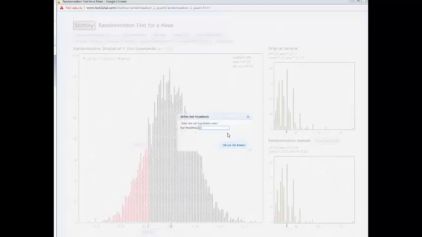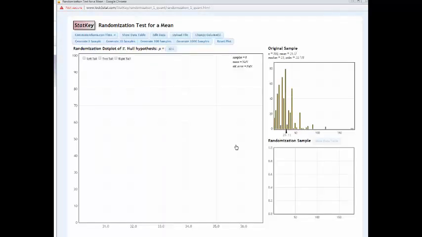Now, what if I change that to 32.5? Before, what we said was, based on the confidence interval we got from our sample, 30 seemed a reasonable assumption for a population mean because it was within the confidence interval. 32.5 didn't seem reasonable because it was well outside.